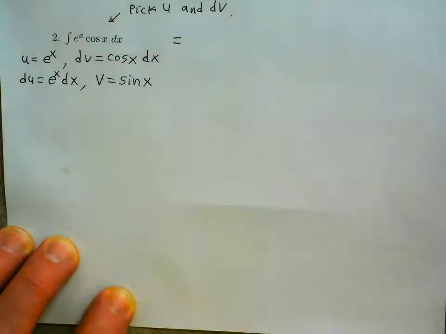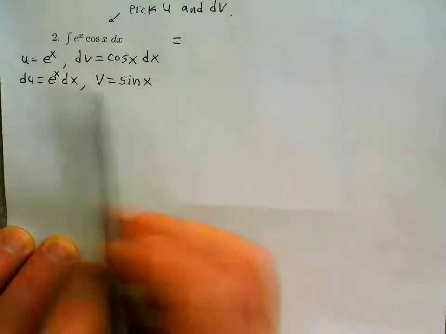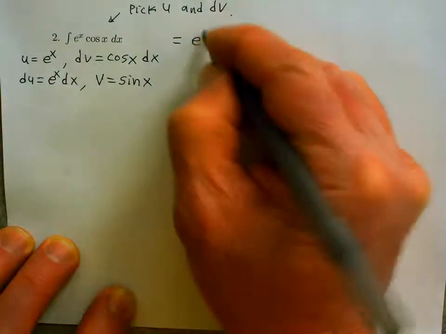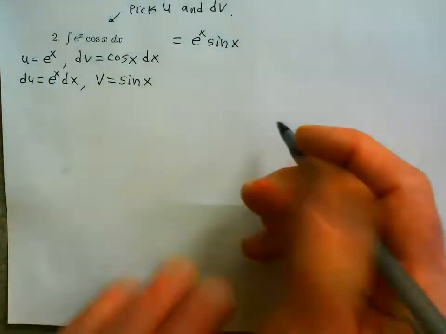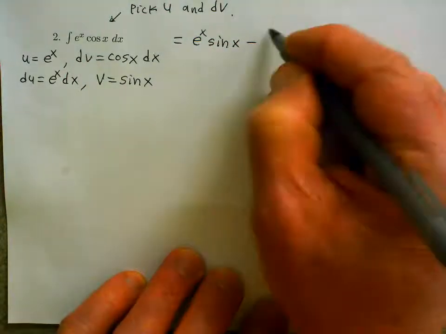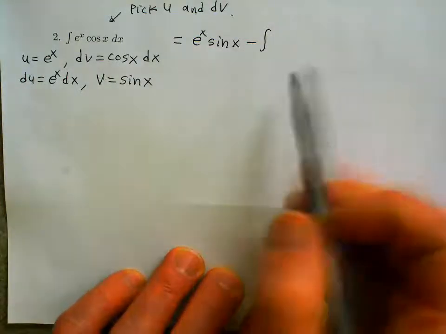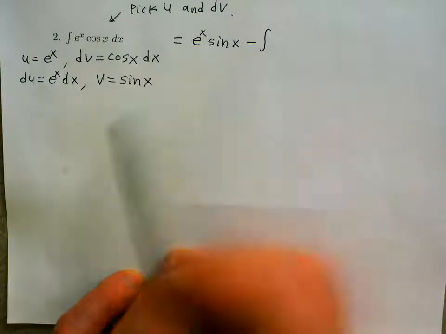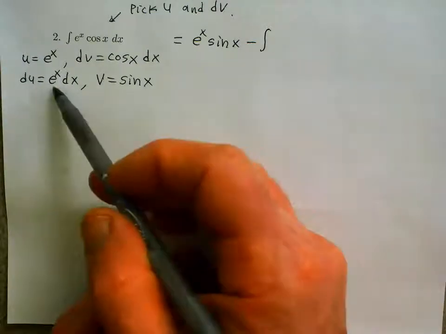Okay, so we write this is equal to u times v, or e to the x times sine of x, minus the indefinite integral of v times du, or sine of x times e to the x dx.